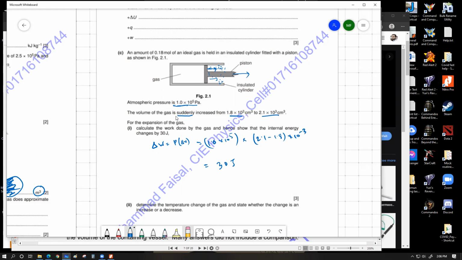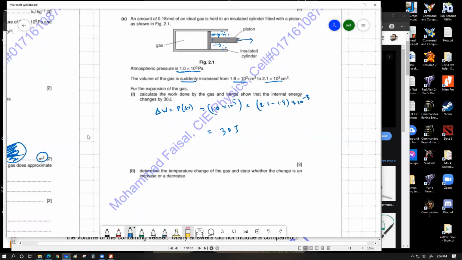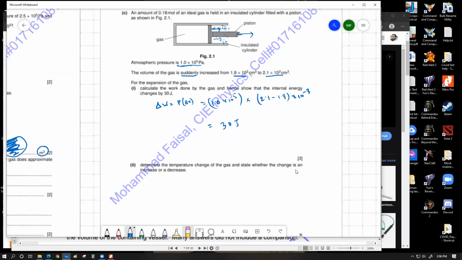Now comes the interesting part. Determine the temperature change of the gas and state whether the change is an increase or decrease. So how can we find the temperature change of this gas? An ideal gas follows the ideal gas equation.